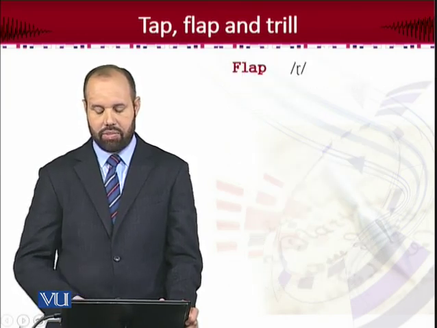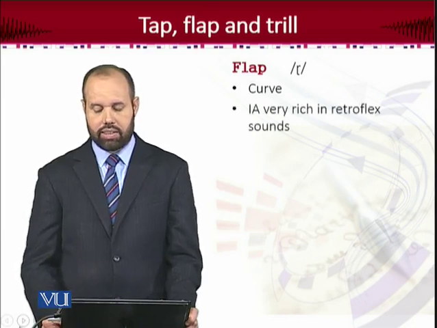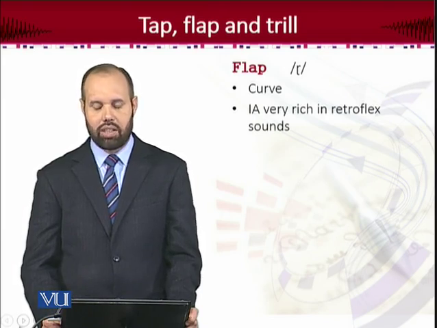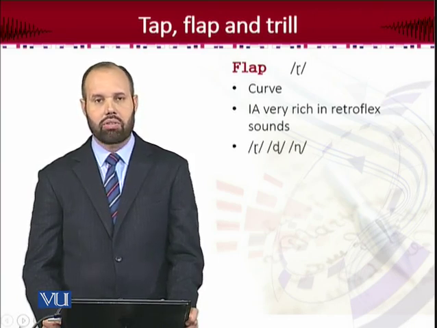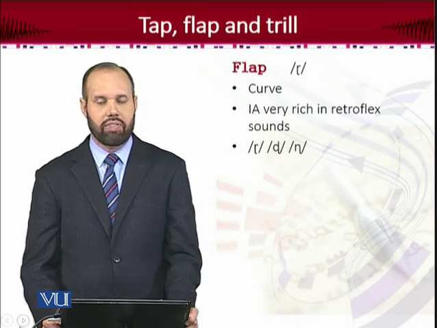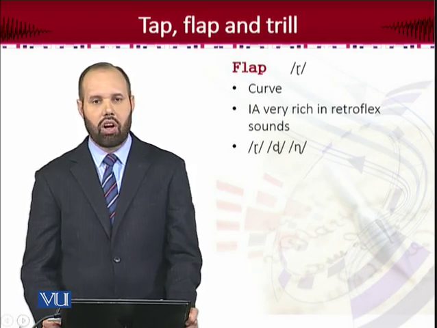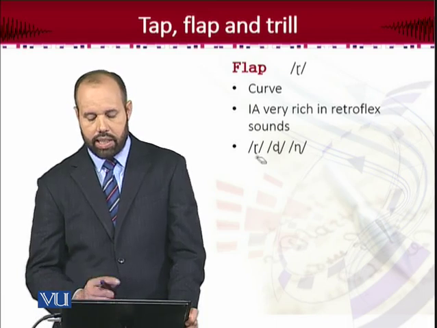I can further give you examples of flap sounds. Since it is a curve, the tongue is curling from the back towards the front, and the sound is l. And there are sounds typically called retroflex. Retroflex flap. The l sound is basically a retroflex when there is retroflexion. And retroflexion is a distinguishable feature of Indo-Aryan languages. Three examples which I can give you here are l, right?